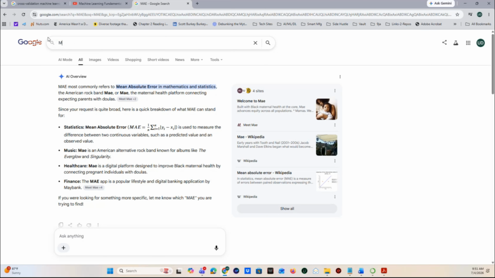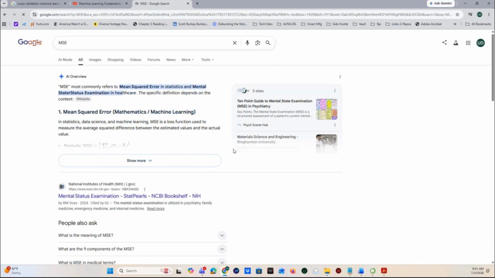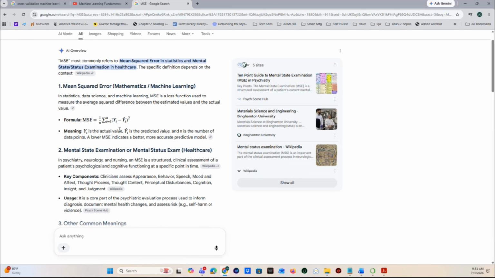Let's look at MSE, mean squared error. Look at the same thing here, yi minus yi hat. So yi is the actual value, yi hat is the predicted value. So those two values, and then we square it.